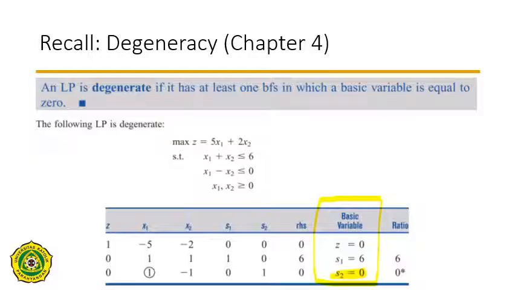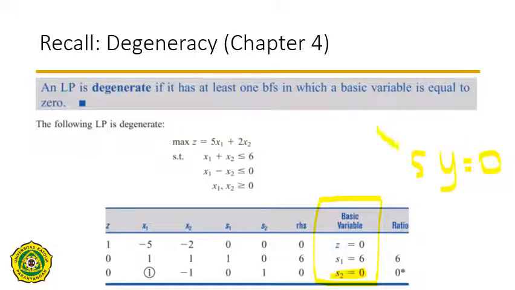This is unusual because usually the variables that equal 0 are non-basic variables. So the problem is that we have a basic variable whose value is 0, such that when we want to apply complementary slackness, for example, the slack variable from the primal times the dual variable must equal 0, we cannot be sure.